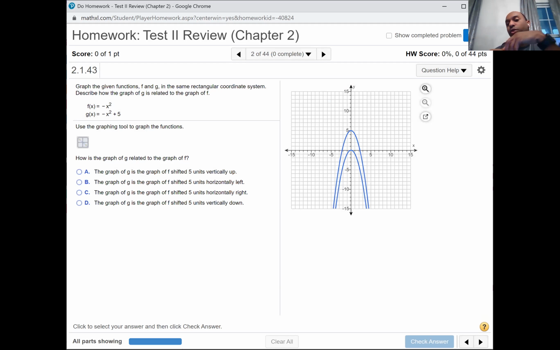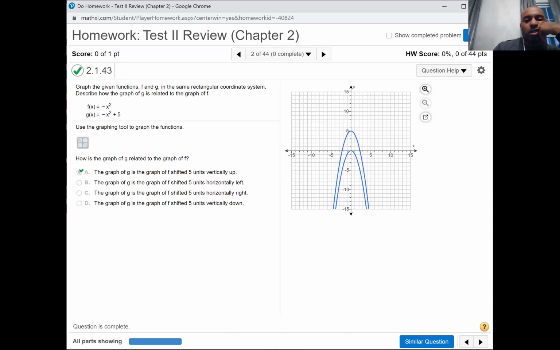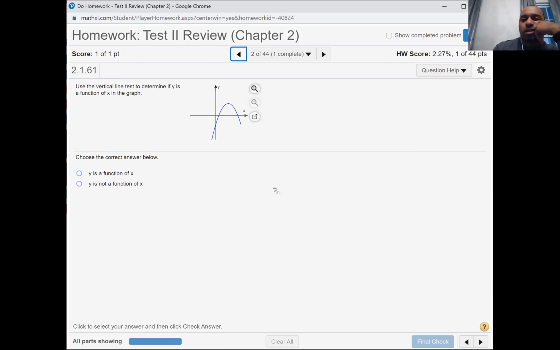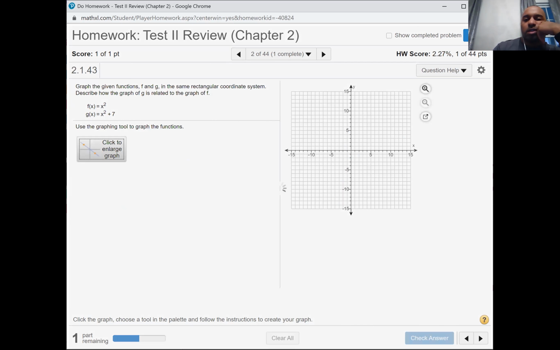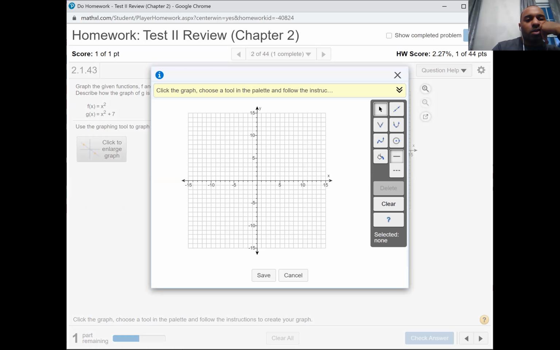In other words, I wouldn't just choose 3 random values. I would go ahead and choose the vertex. So let's go back. We already know that's 0, 0.